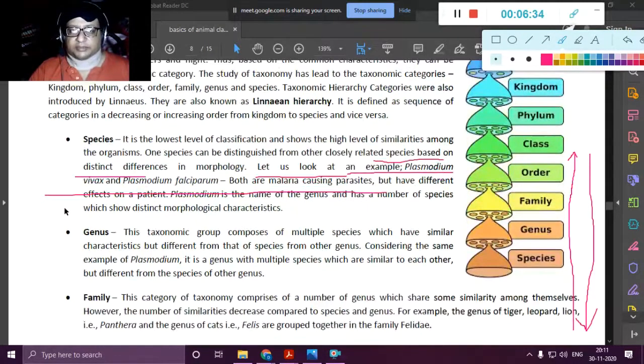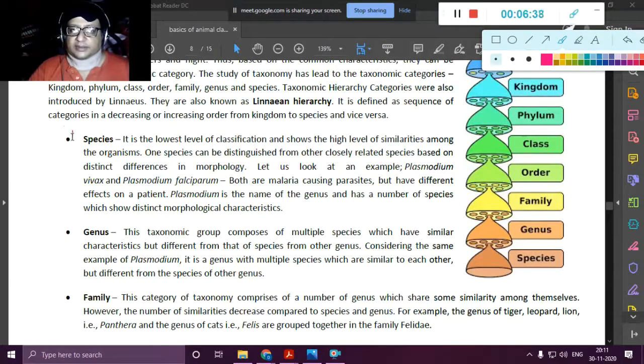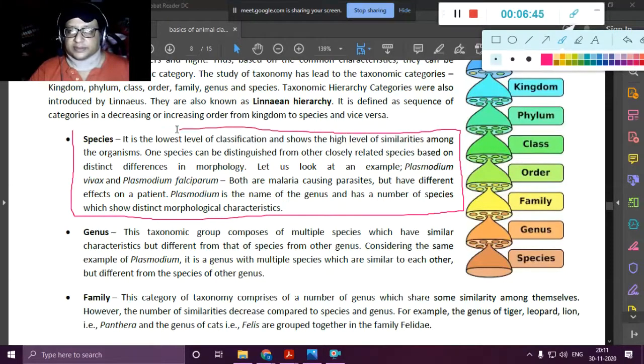So what is the species? Species is the lowest level of classification, and it shows the high level of similarities among organisms.